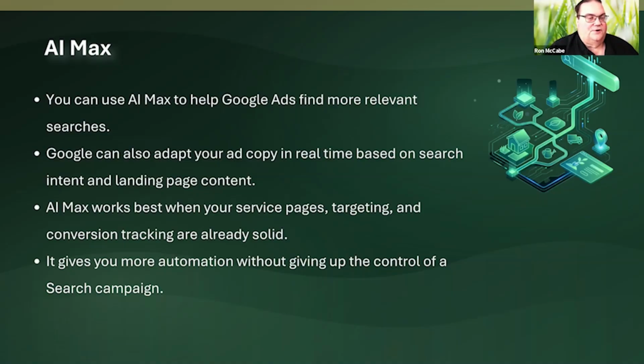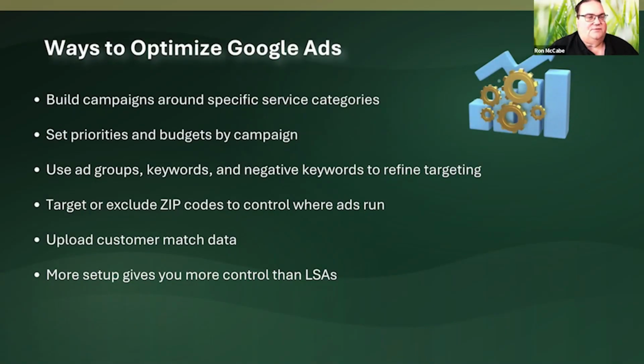It works really well the longer the campaign goes. The other thing is now they've got these AI summaries, and the AI Max ads are what show up in the summaries. And essentially, optimizing Google Ads, you're going to want to build campaigns around specific service categories.